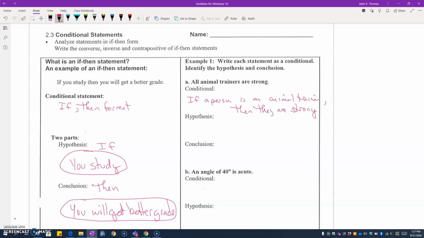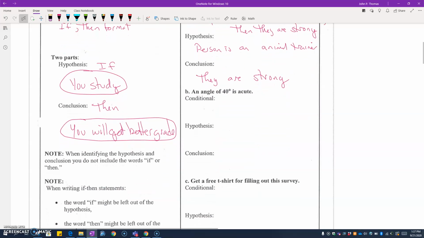All right, and this would leave us with a hypothesis that is a person is an animal trainer, and a conclusion that they are strong.